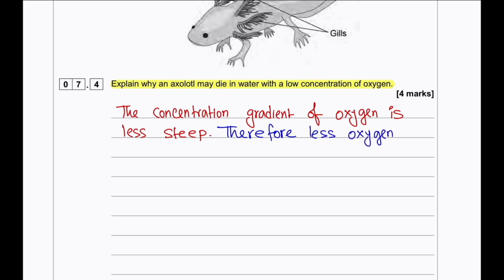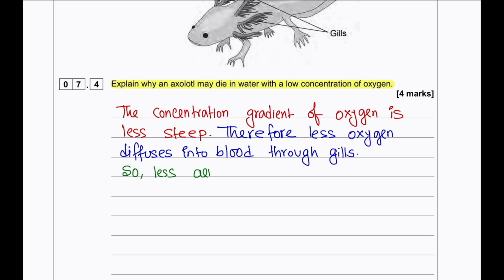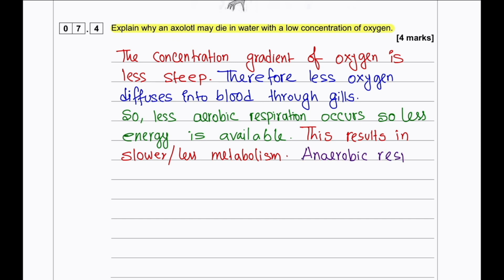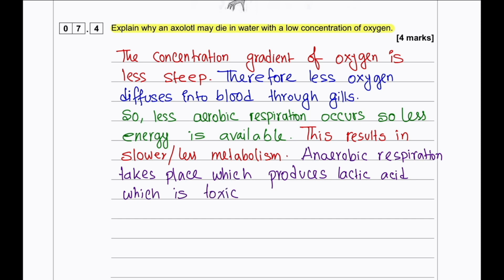Therefore, less oxygen will be able to diffuse into the blood of the axolotl through its gills. So less aerobic respiration can take place in its body, and as a result the metabolism decreases, and the axolotl slowly, due to anaerobic respiration, produces lactic acid, which is toxic, and the lactic acid will then kill the axolotl.